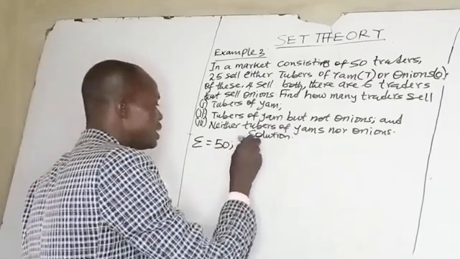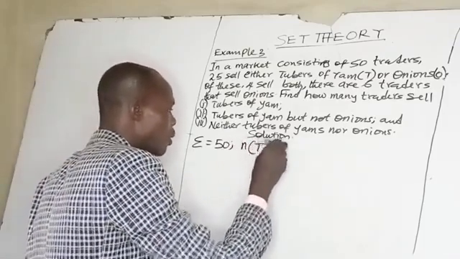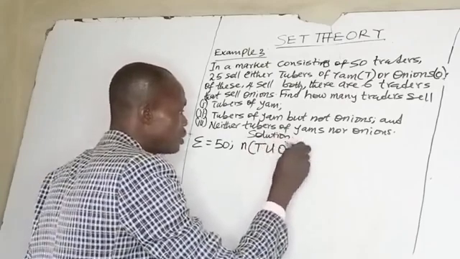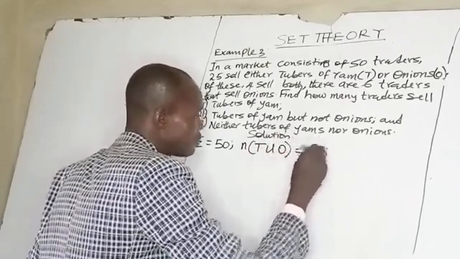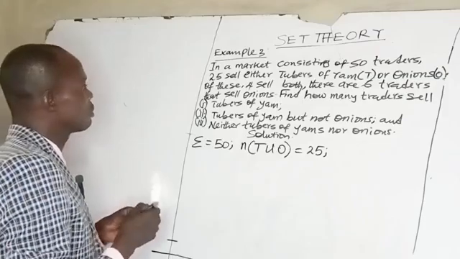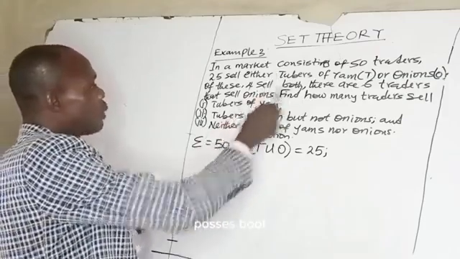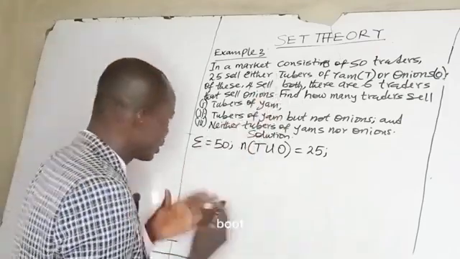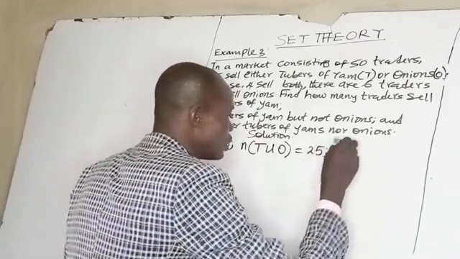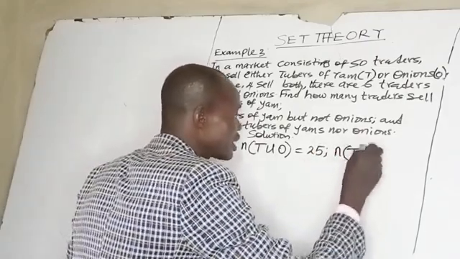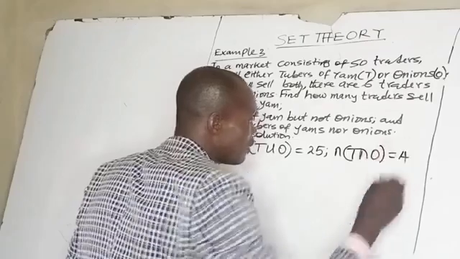Number in T union O, we have that to be 25. 4 sell both. Both, that is intersection. Number in T intersection O, we have that to be 4.